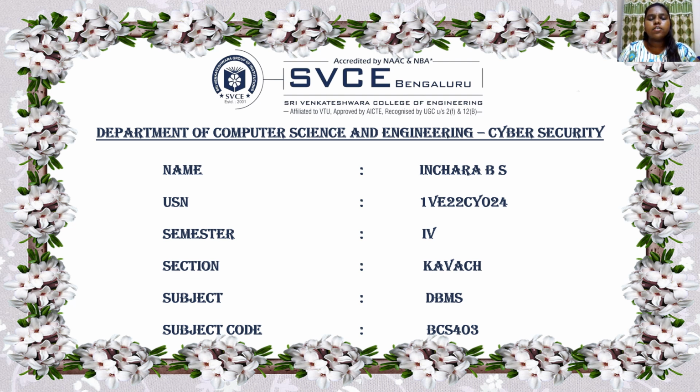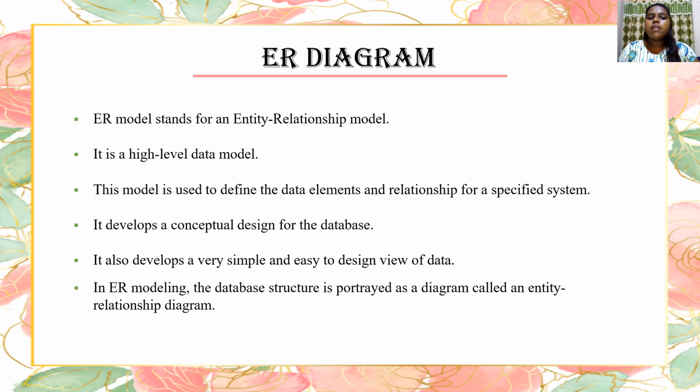Today I am here to give brief information about ER diagrams in database management systems. ER model stands for entity relationship model. It is a high-level data model. This model is used to define the data elements and relationships for a specified system.